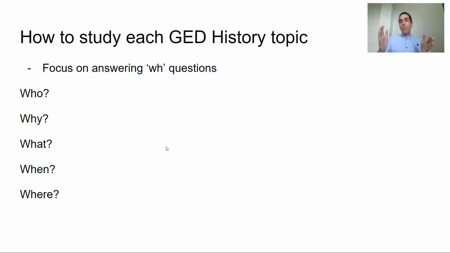And when you do the test questions themselves later on, you will have to apply this knowledge to the question itself. So the question will not say, who were the people involved in the westward expansion? It will not say, what years did the westward expansion happen? It won't say that. But it may give you a paragraph, a primary source from that historical period about the westward expansion. It may give you a graph as well.